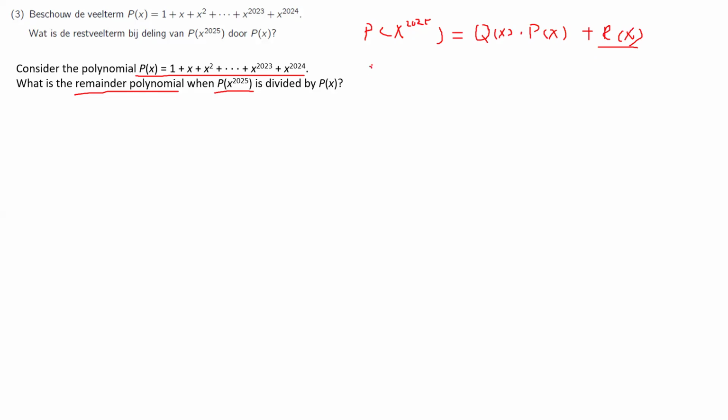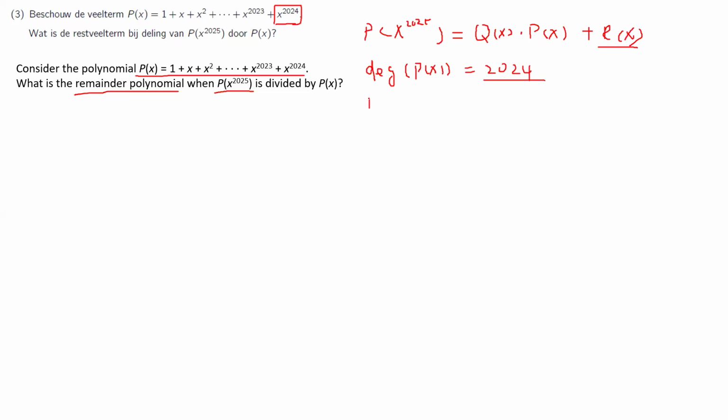So we know that the degree of P(x), or the highest power of P(x), is 2024. From the definition, this is the highest power of x in P(x). The degree of P(x) will be 2024.